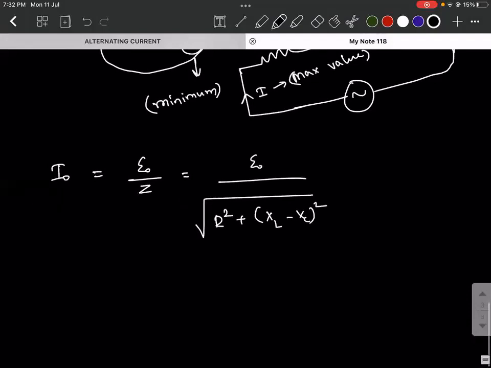Correct? Now what am I expecting? I'm expecting I naught to be maximum. Then Z should be minimum.